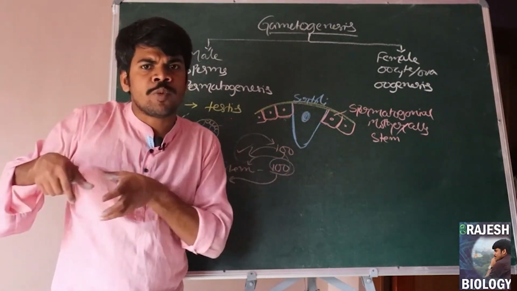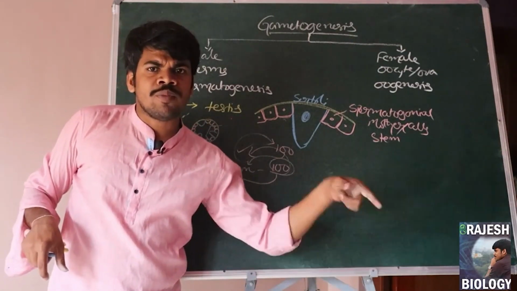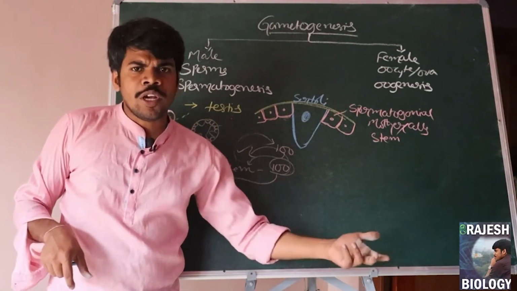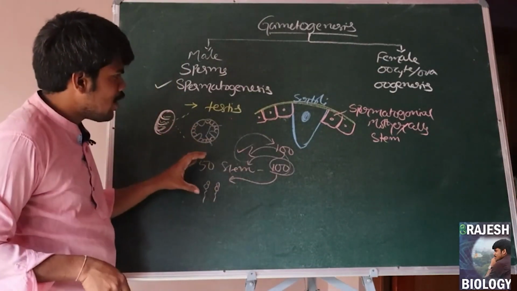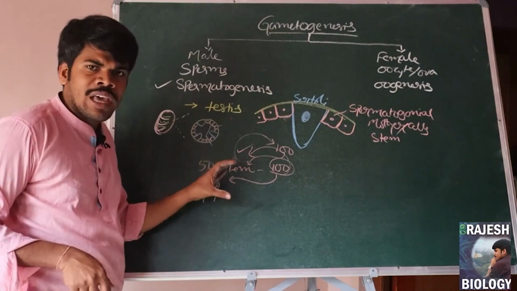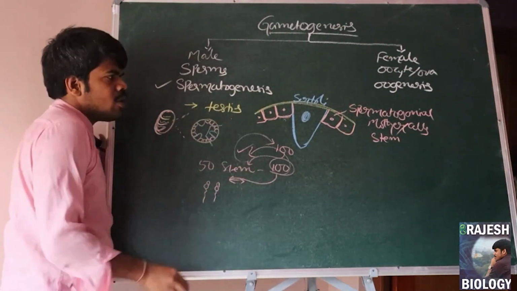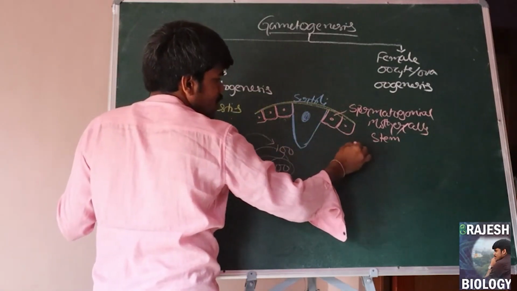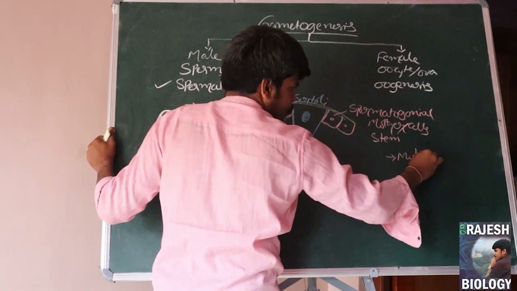The remaining 50 rupees profit they save in savings accounts. When they again get 100 rupees from that 50, they again invest 50% of the profit. Like that, spermatogonial mother cells continue their life by showing mitotic divisions. So spermatogonial mother cells first multiply in number.